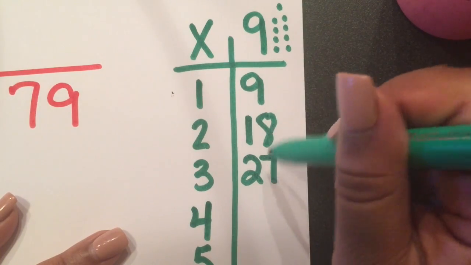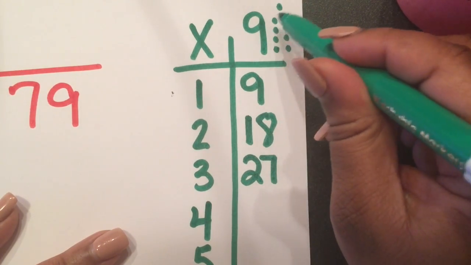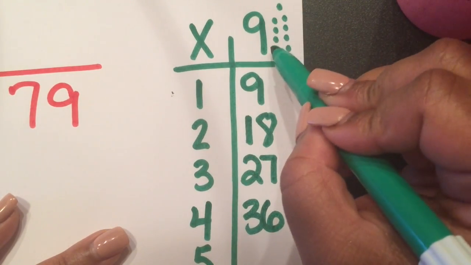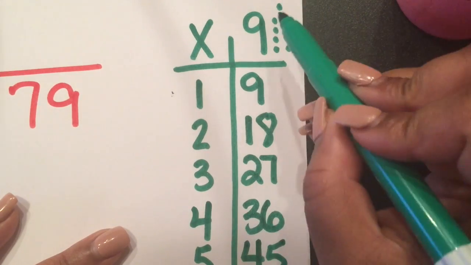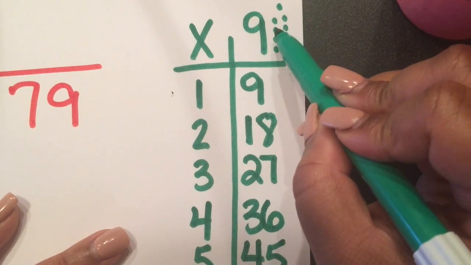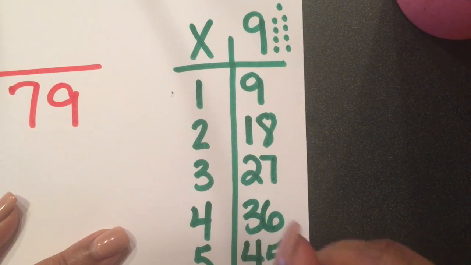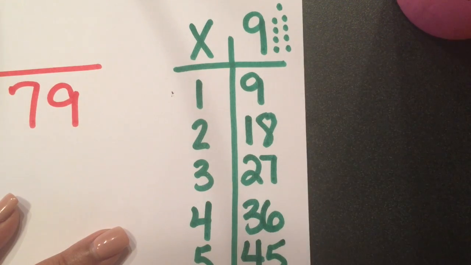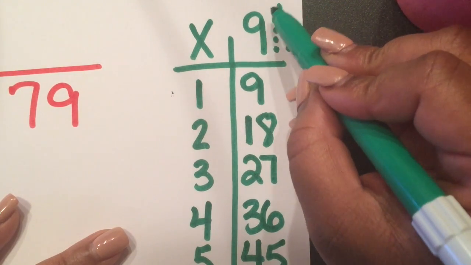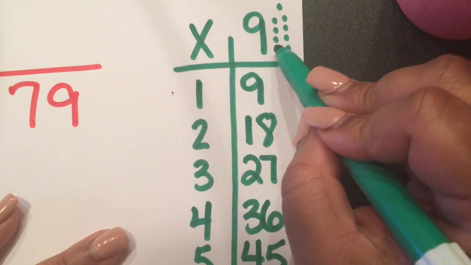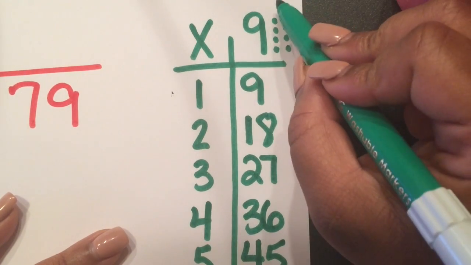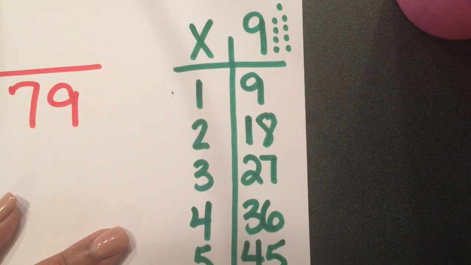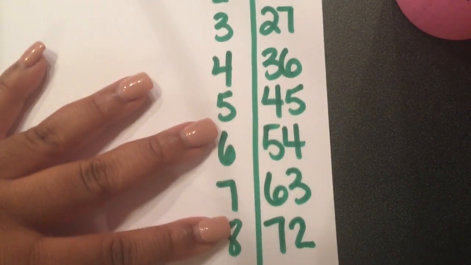And then you say 27, 28, 29, and so on, continuing to count up through 36, 45, 54, 63, 72, all the way to 81. Okay, so I went all the way down to 81.